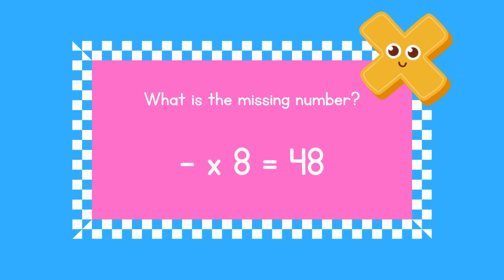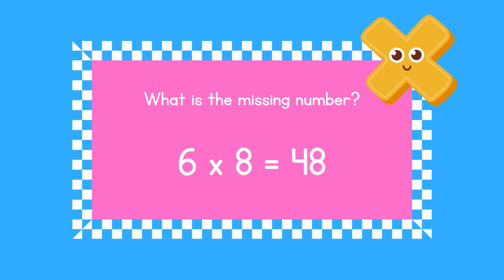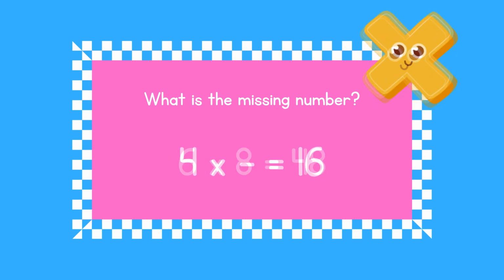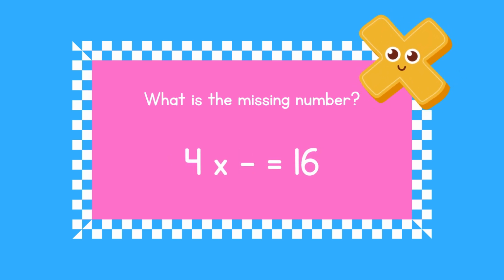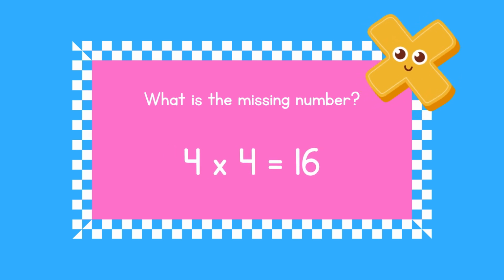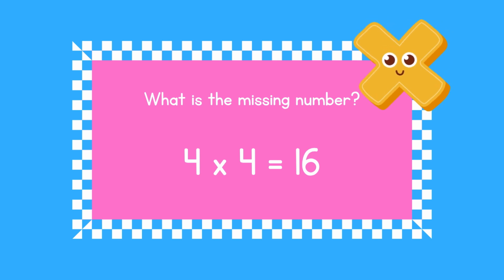Find the missing number. Six multiplied by 8 is 48. Find the missing number. Four multiplied by 4 is 16.